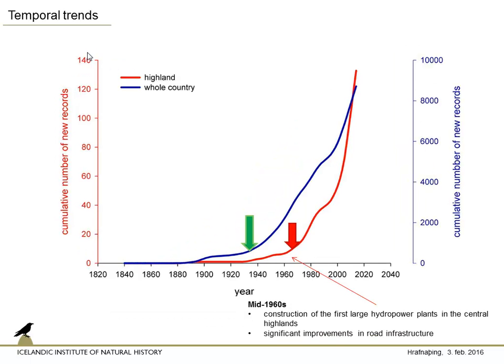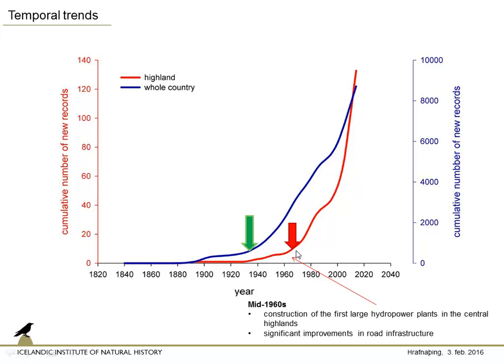Then another comparison in temporal trends. What we can see here is a cumulative number of new records, so new places where the species were found. And we can see that the shape of the curve is quite similar for Iceland as a whole and for the highlands. And again, we can see this delay.